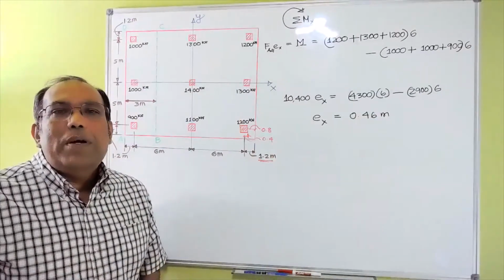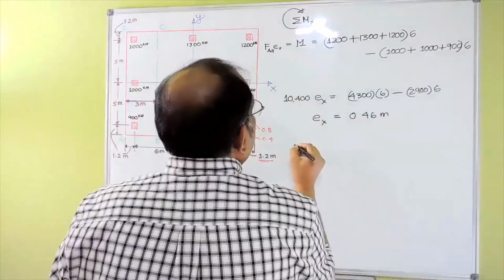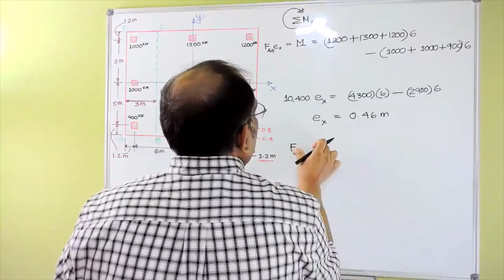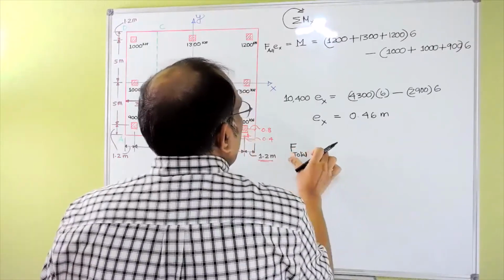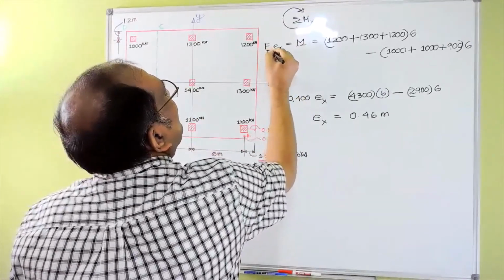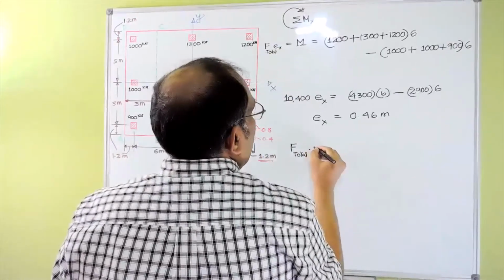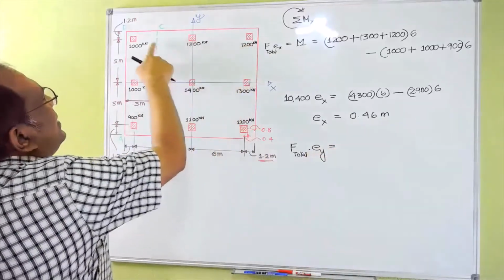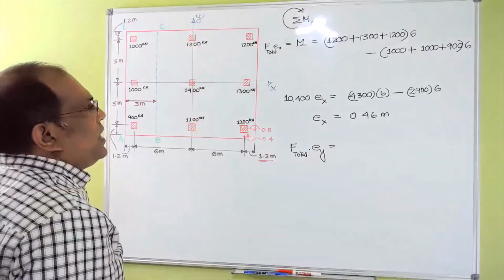Similarly, I take the moment in the y direction. Let me take that total, multiplied by Ey. That has to be this force multiplied by 5 because this is the positive side.